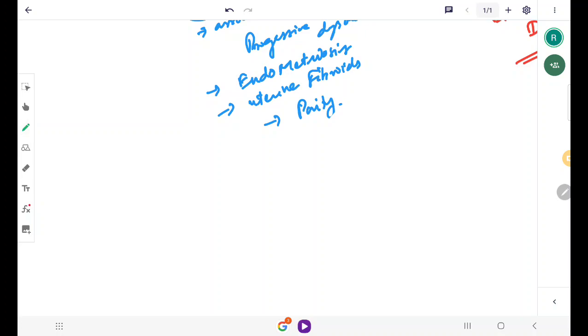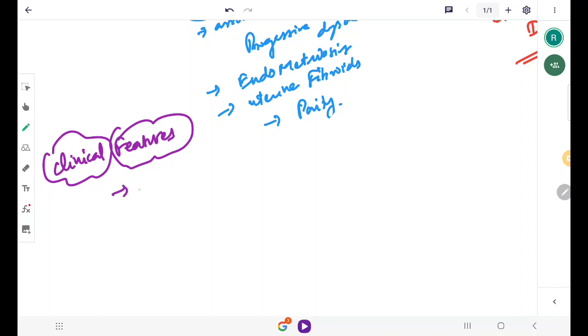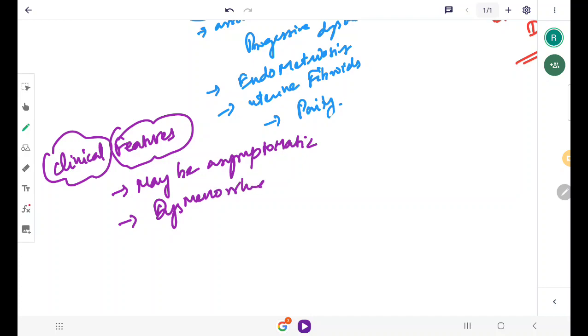So coming to the clinical features, they may be asymptomatic, so you have dysmenorrhea and you have abnormal uterine bleeding. It causes chronic pelvic pain aggravated during menses.